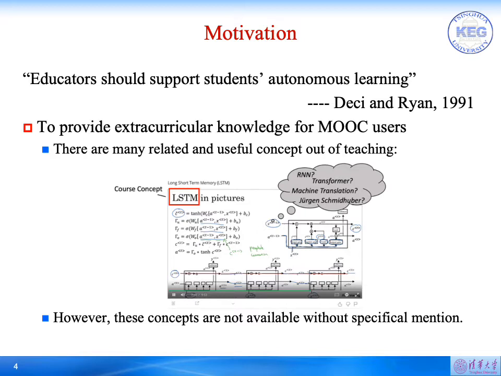In the MOOC environment, there are many related and useful concepts, but they are out of teaching. For example, when a student learns LSTM concepts in a MOOC course, some very useful concepts like RNN, transformer, and machine translation task are also very useful for his learning.